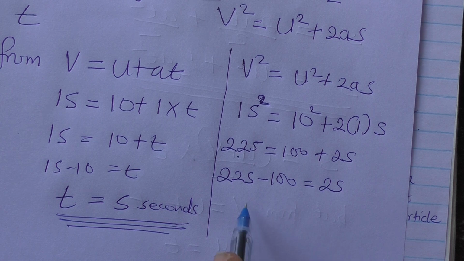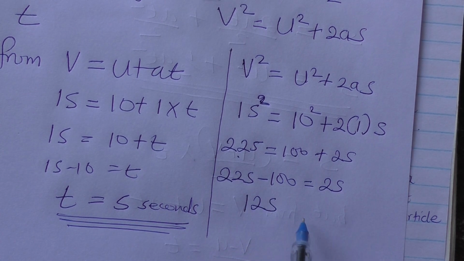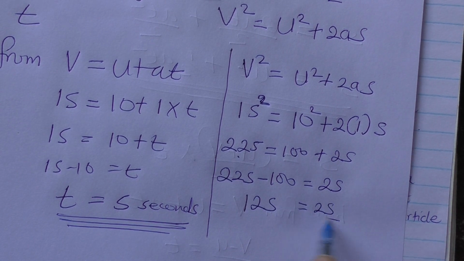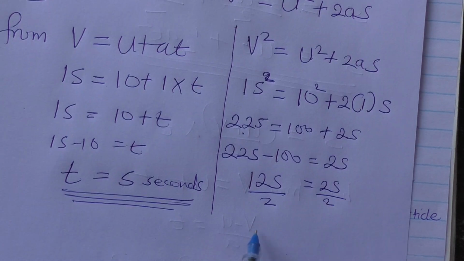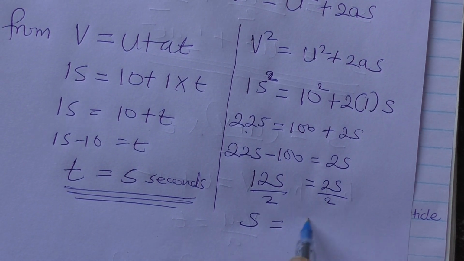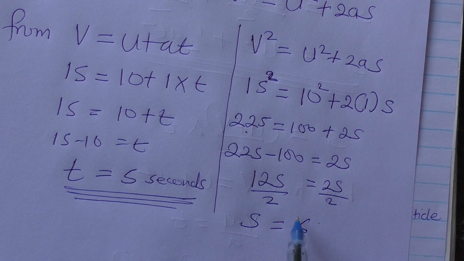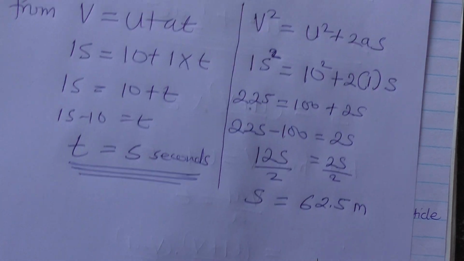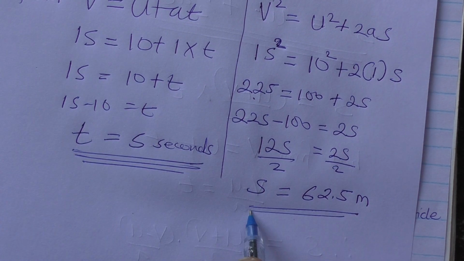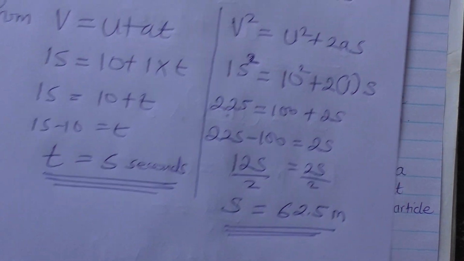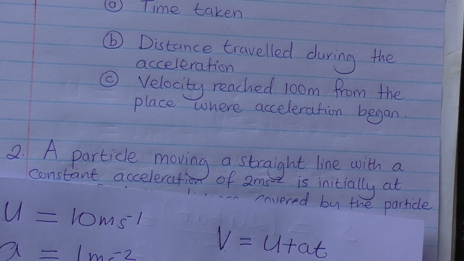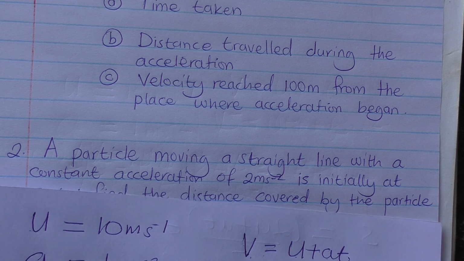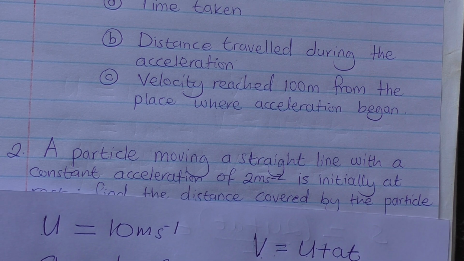So that gives us 125 equals 2s, divided by 2 on both sides. That displacement is 62.5 meters. So that is the distance that is covered. And then lastly, they want us to find the velocity reached.